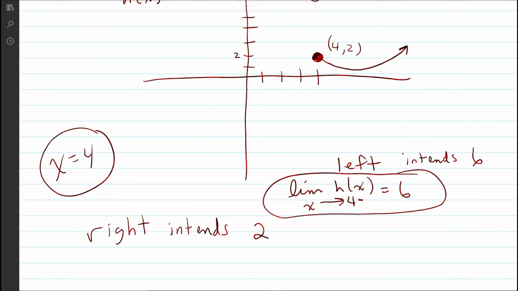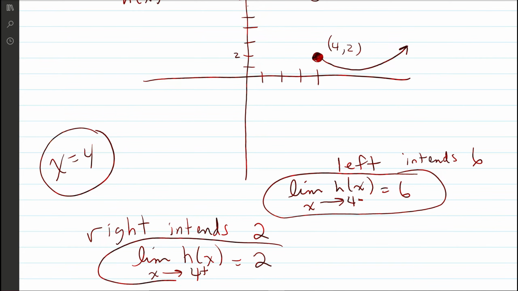So I'll write that limit for that side as the limit of h of x as x approaches 4, and since I'm talking about from the right, to the right of the number I'm going to write a plus sign. So from the left, a minus sign to the right of the number, and from the right, a plus sign, and that's equal to 2. Right? So two different ones.